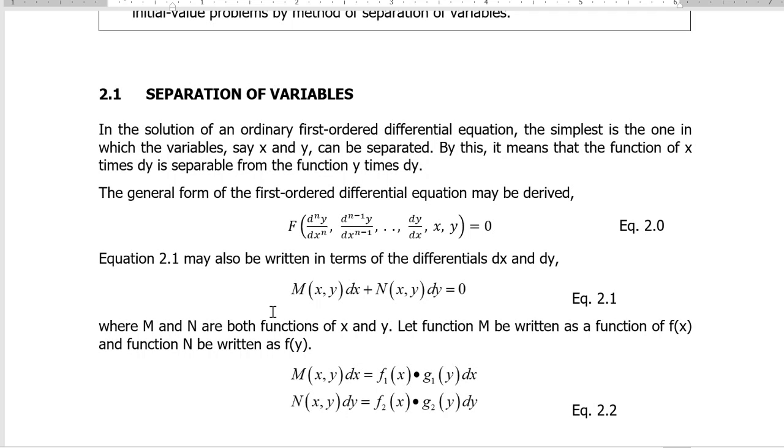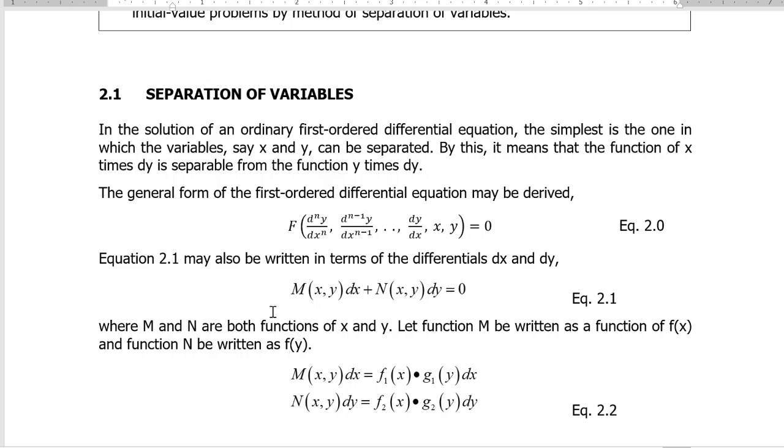In the solution of a first order DE, the simplest is the one in which the variables, say x and y, are easily separated. Mostly we will use x and y, but let us not limit ourselves to x and y. Most examples and discussions use x and y.